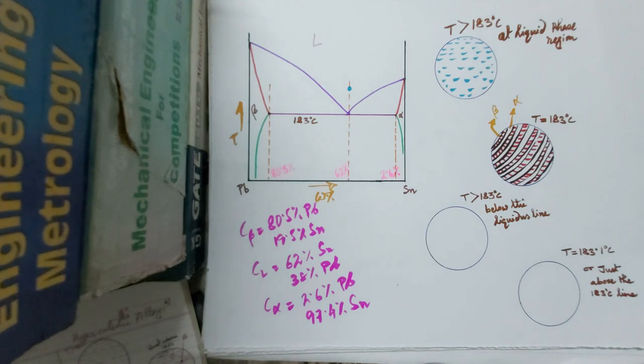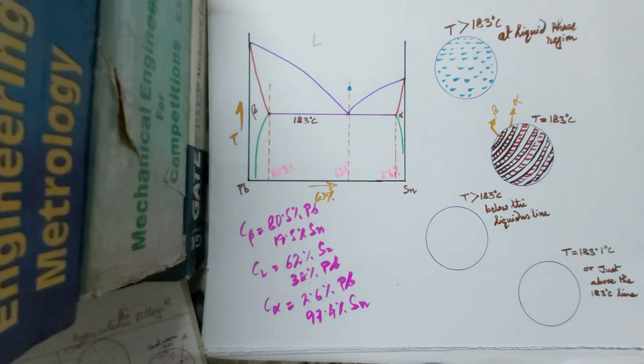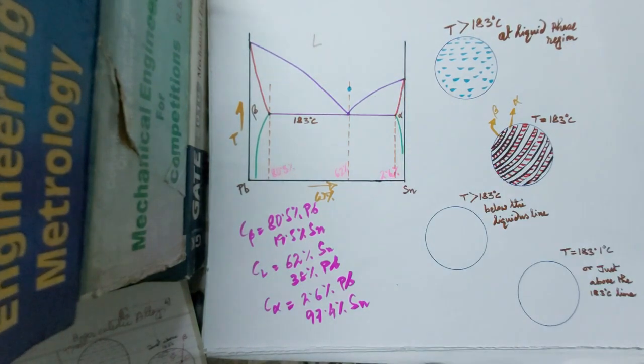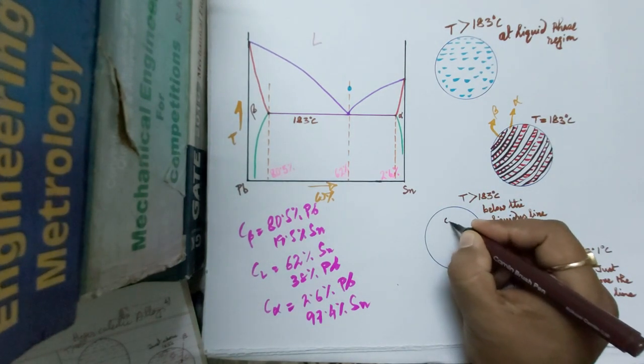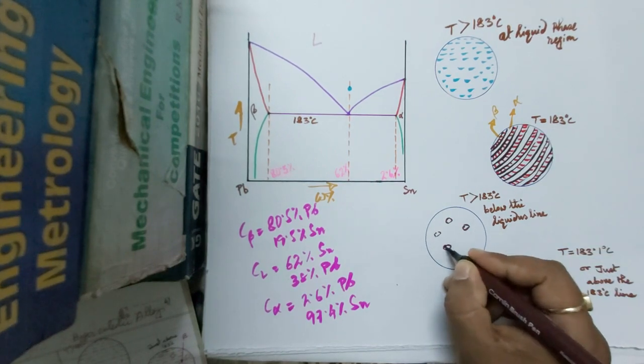Now just below this liquidus line, like at this place, we will have some globular form of beta like this.